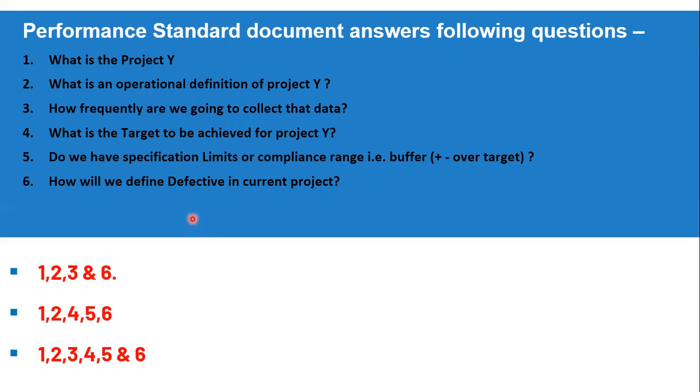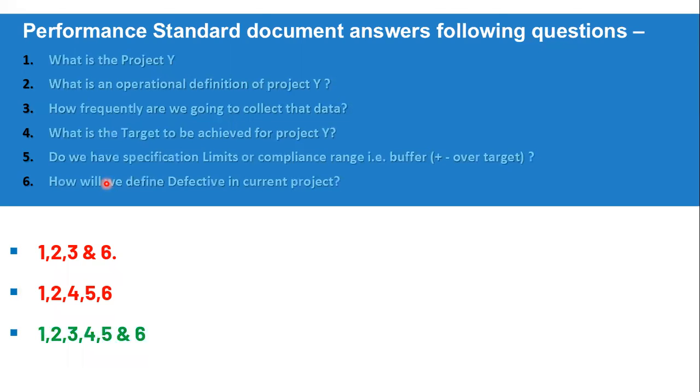And three options are: it answers question number 1, question number 2, question number 3, and question number 6. That's the first option. Second option, 1, 2, 4, 5, and 6. And option number 3 is all 6: 1, 2, 3, 4, 5, and 6. And the answer to this question is all 6 questions.